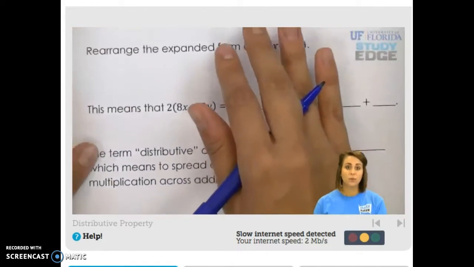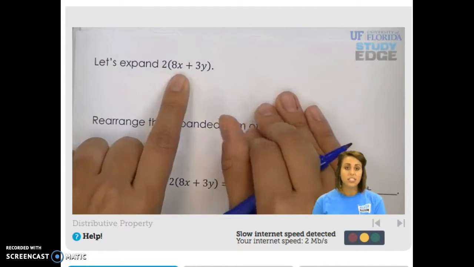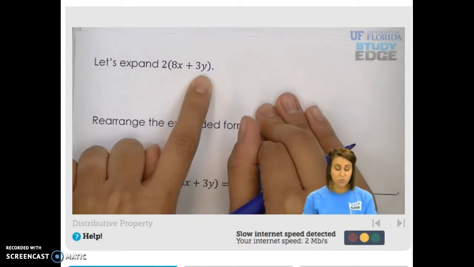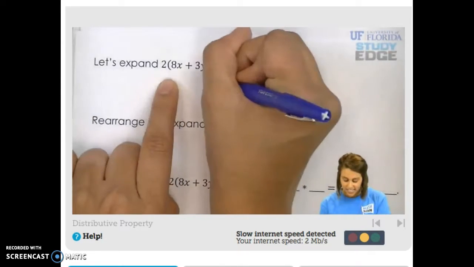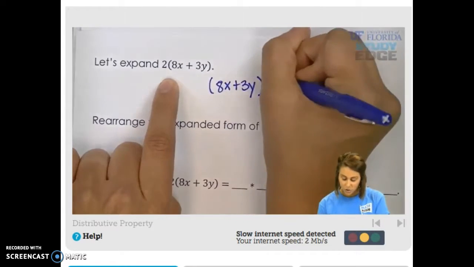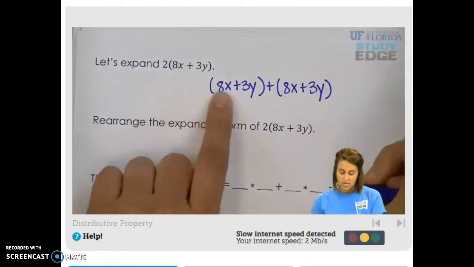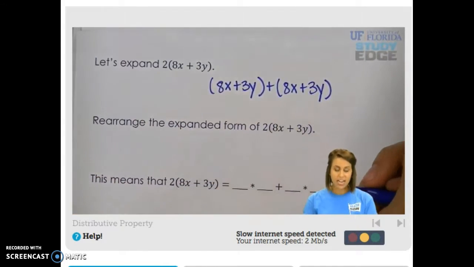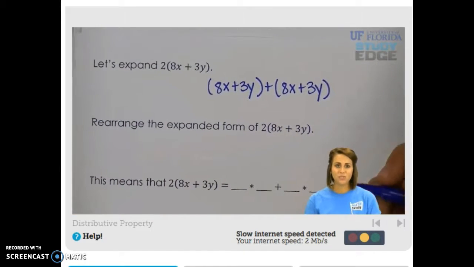Now, let's move right along. We want to do a little bit more expanding. Let's expand 2 times (8x plus 3y). So this is just 8x plus 3y added together how many times? Well, added together twice. 8x plus 3y plus 8x plus 3y is the same as 2 times (8x plus 3y).